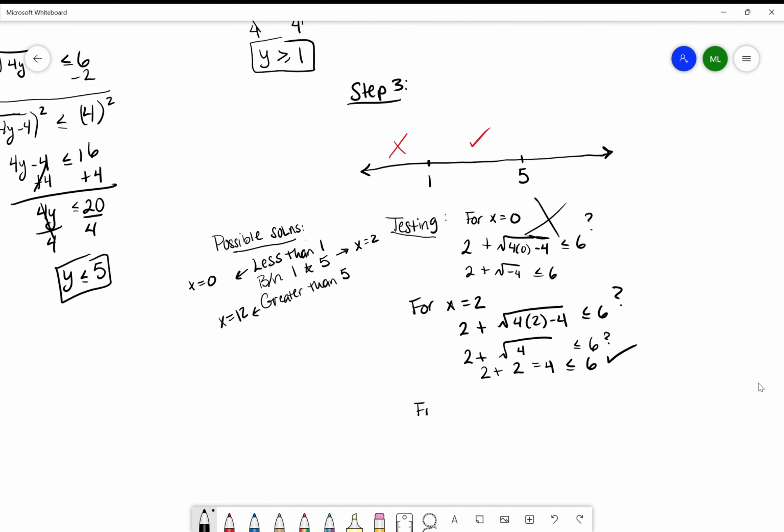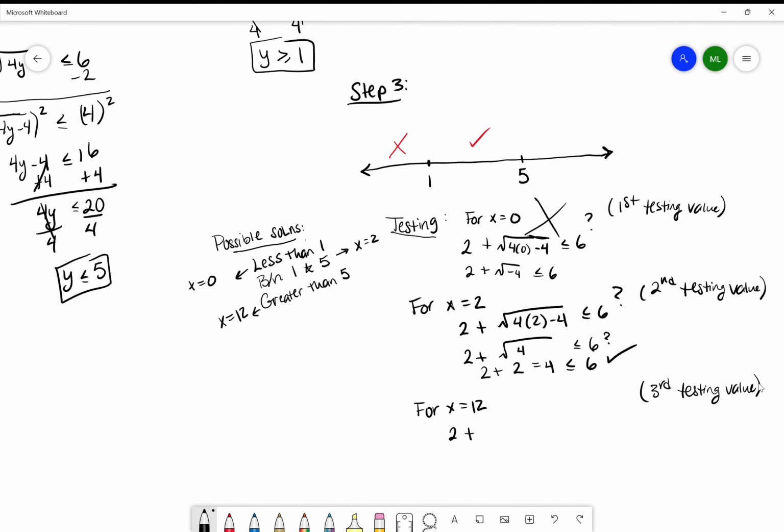So this was our first testing value. Here was our second testing value. And now let's try our third testing value. So for x equal to 12, let's put it back into our original equation.